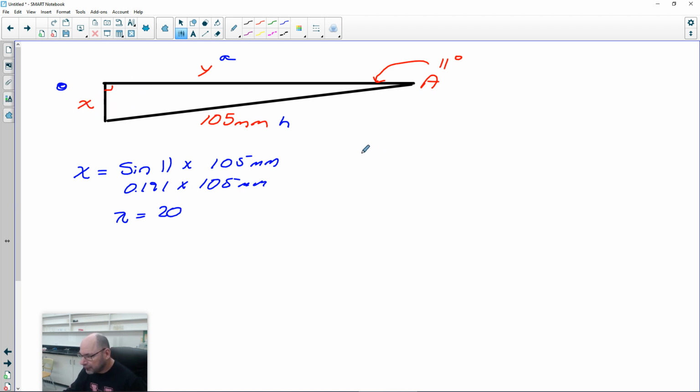Now Y is going to be equal to, well, we're looking at the adjacent side, so that's cosine 11 times 105.